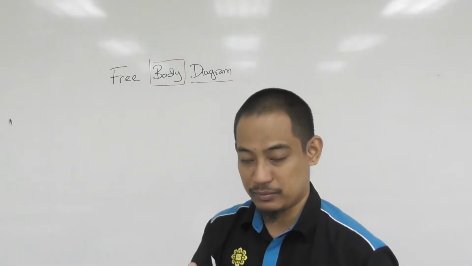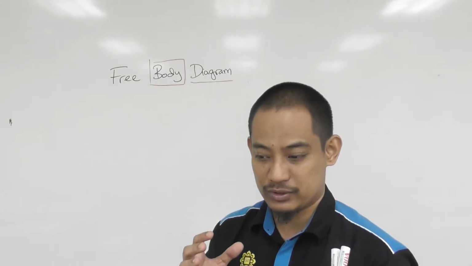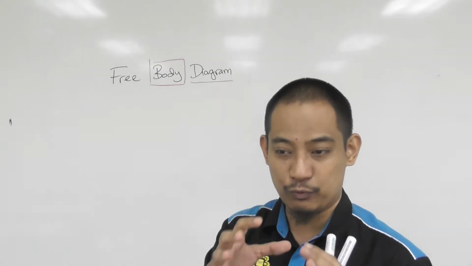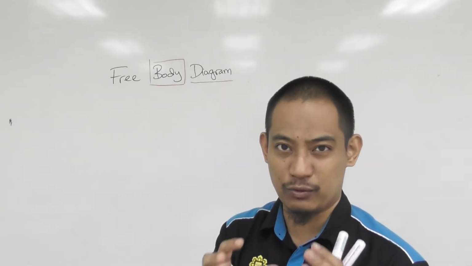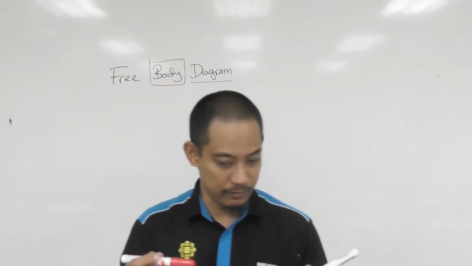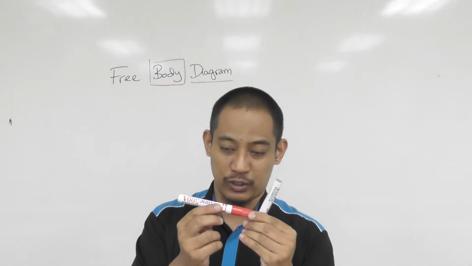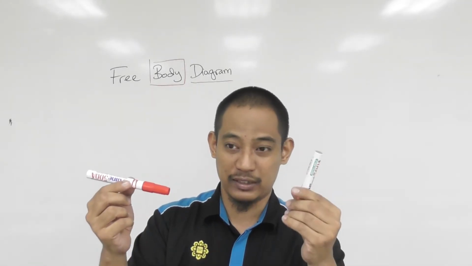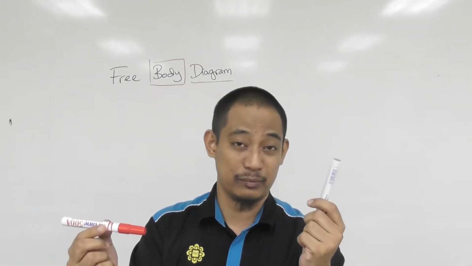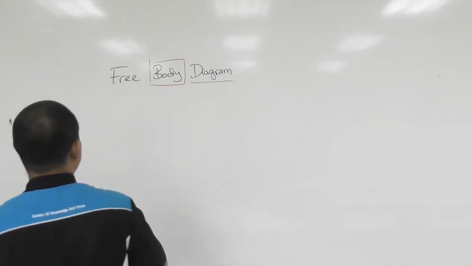When you look at the diagram, it should be clear which body we are considering. For example, if we have multiple objects interacting with each other, if we are considering this body or that body, the diagram will be of that body or of that body. So it should be clear, and then it should be free.